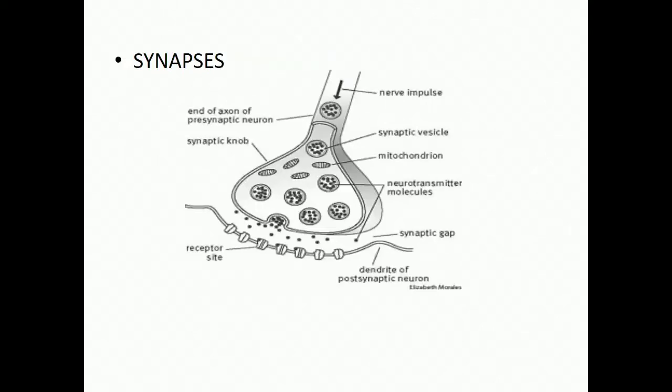It also has a presynaptic membrane. Moreover, the end of axon for the presynaptic neuron is this one. Why are we calling it the end of axon for the presynaptic neuron? Because it is before the synaptic gap.